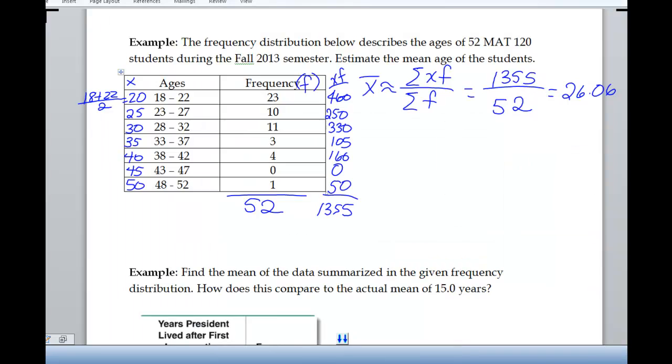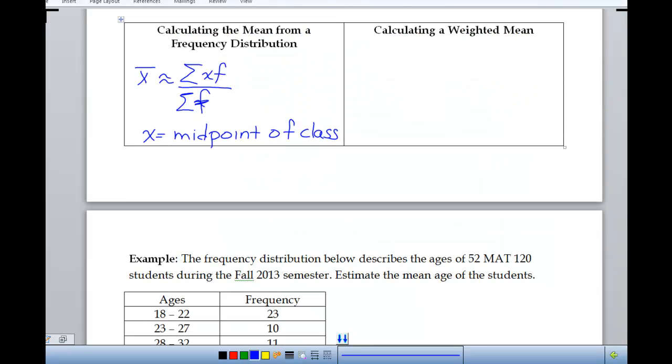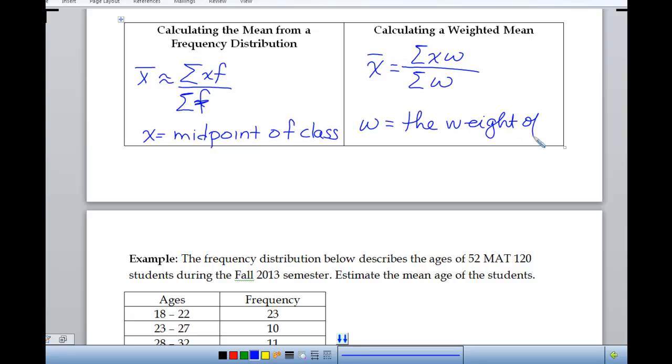And in fact, I'm going to go back to where we had the other one so we can compare. Okay, the weighted mean, still x bar, is equal to the summation of x times w divided by the summation of w, where w is the weight of each value.